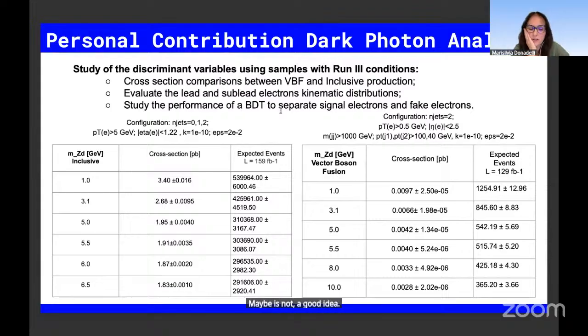Looking here, for example, I was wondering if you could possibly perform a scan to check, for example, if you loosen your MJJ or the pT cuts, whether you could recover additional soft electron acceptance without increasing your background.